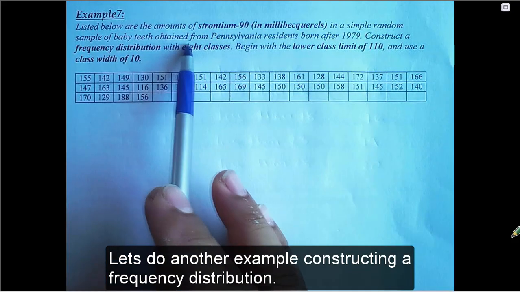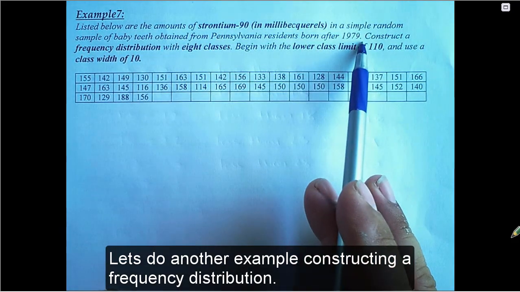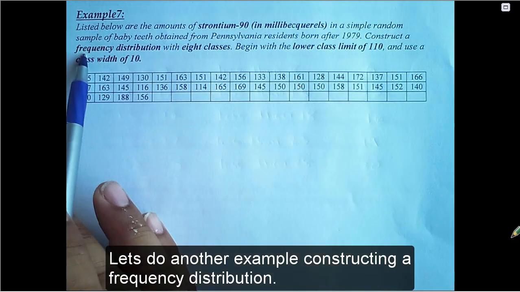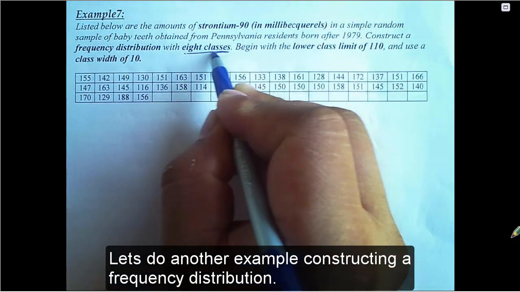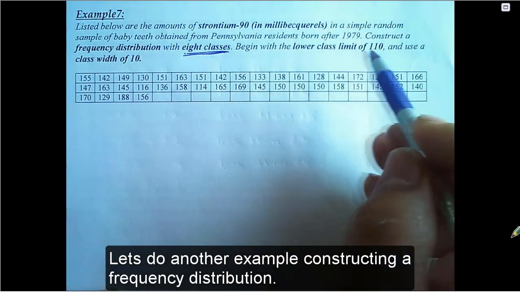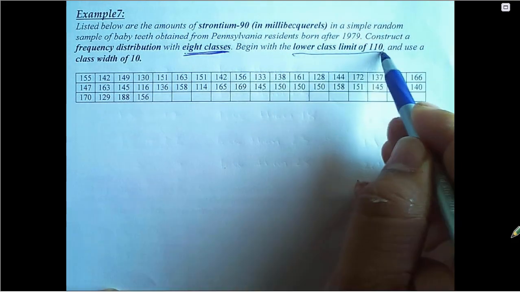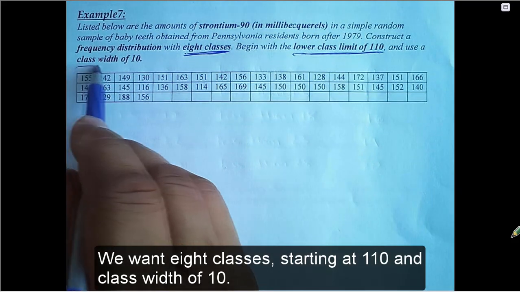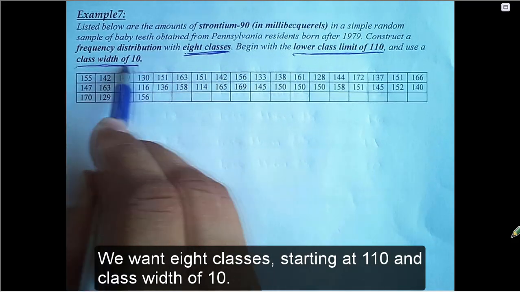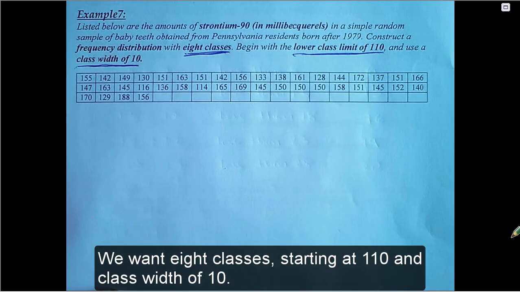Let's do another example constructing a frequency distribution. We want 8 classes starting at 110 and class width of 10.